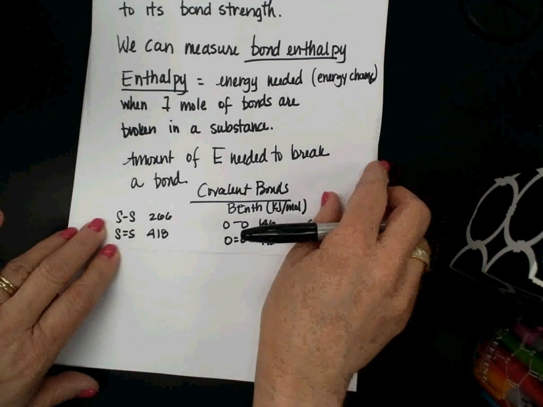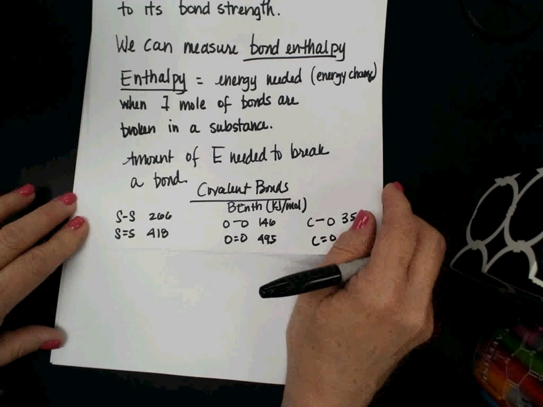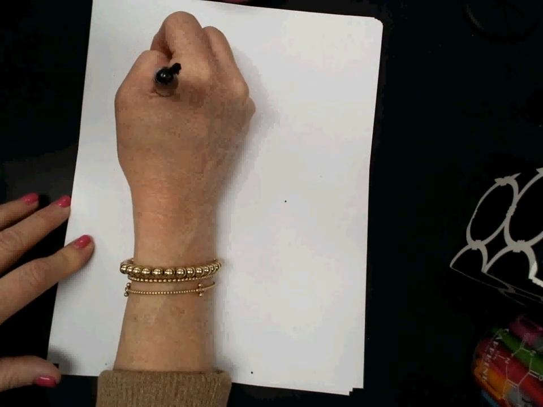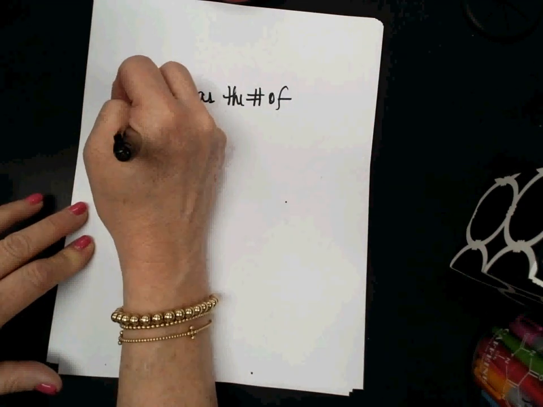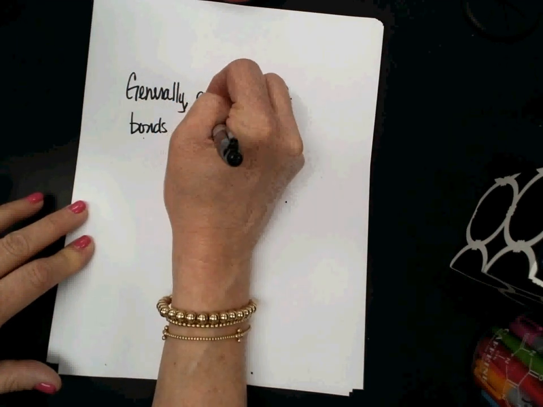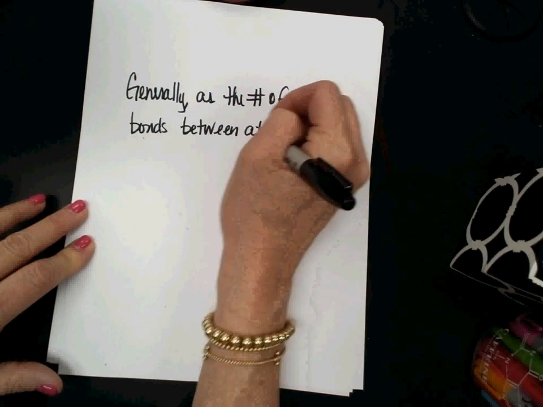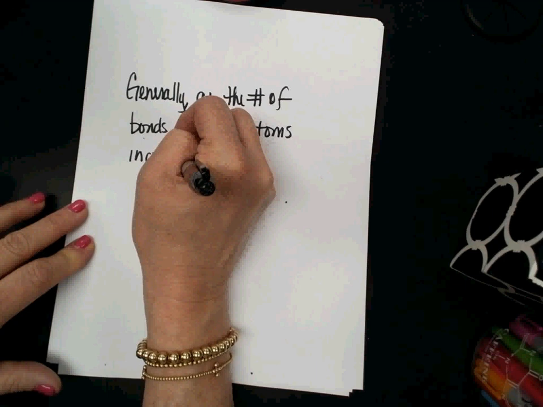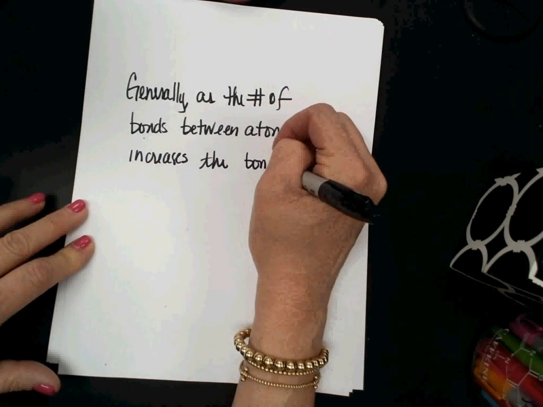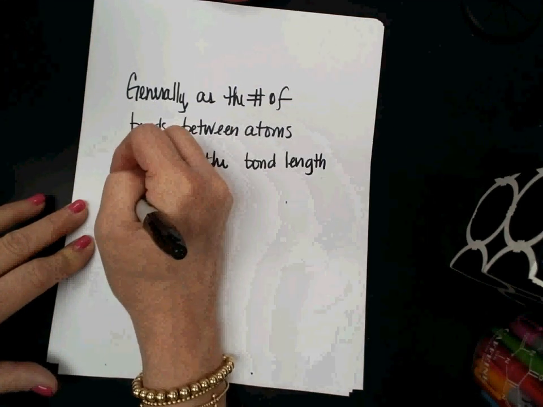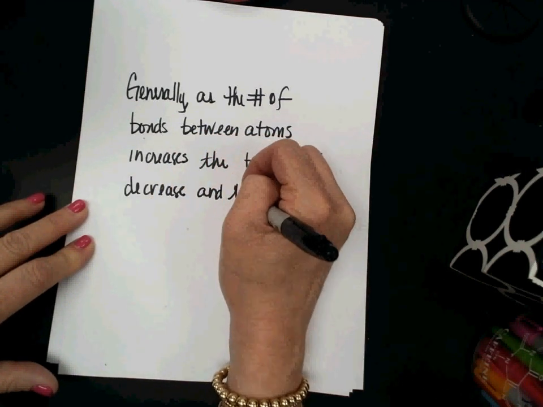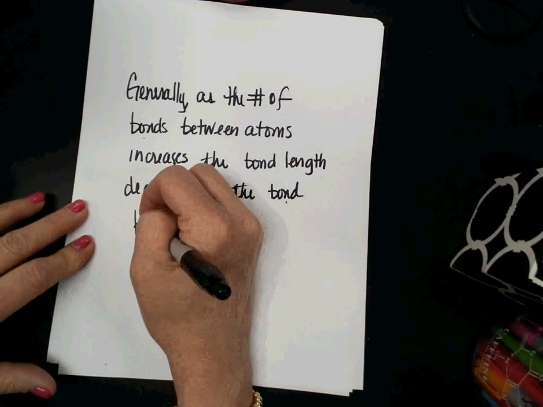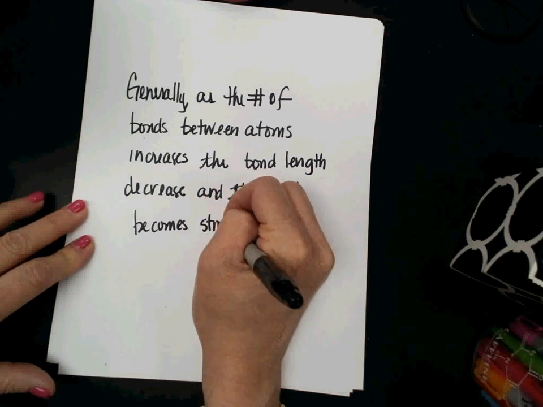So let's make a statement about that. Generally, as the number of bonds between atoms increases, the bond length decreases and the bond becomes stronger.